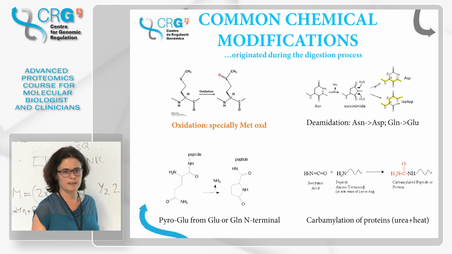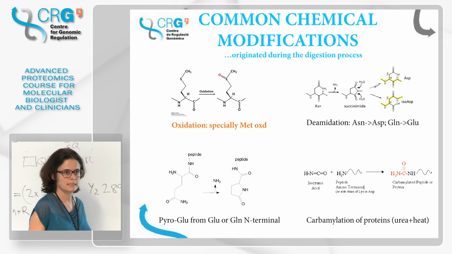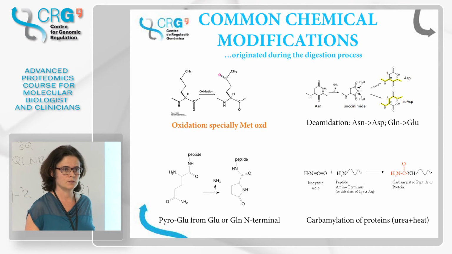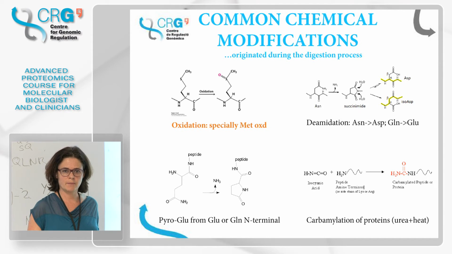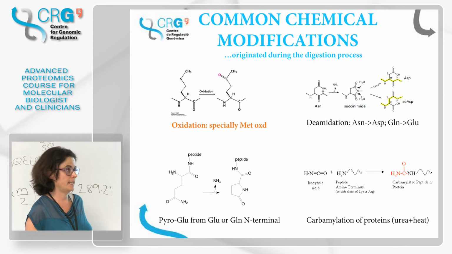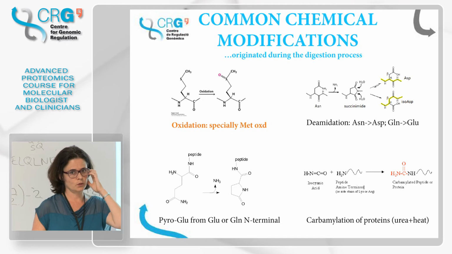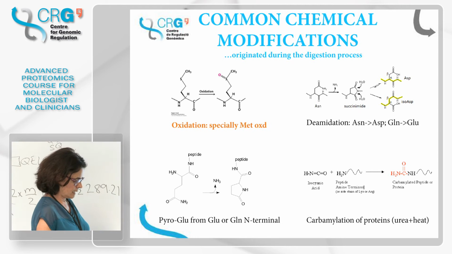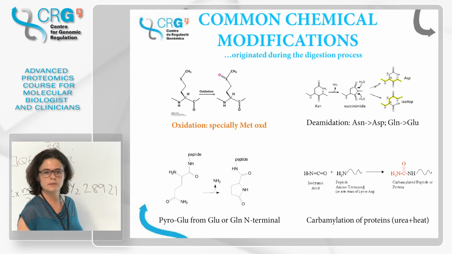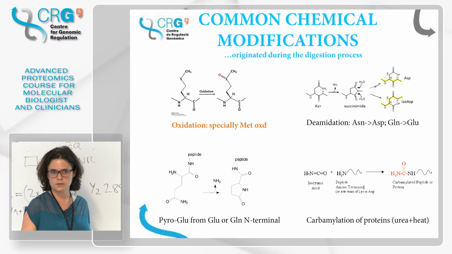This is very bad because it modifies lysines, and then the trypsin is not going to work. You are not going to get anything out of your sample. So if you have urea, remember, do not heat. Never. You can heat up to 37 degrees, but not more. These secondary reactions are important to know, because then you can include them in your search and take these modifications into consideration in order to interpret your spectrum.